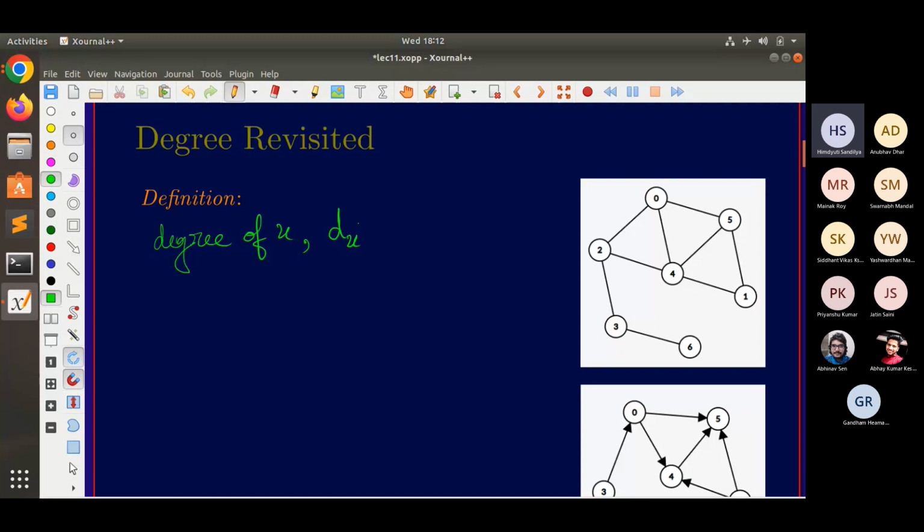The number of edges connected to a vertex. Yeah, the number of edges connected to U, right? So for example, the degree of this vertex will be 3 because there are 3 edges connected to it.